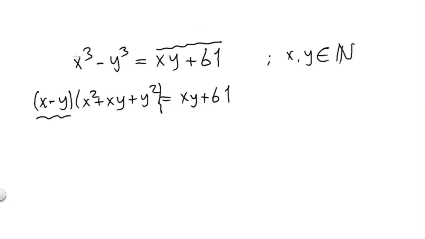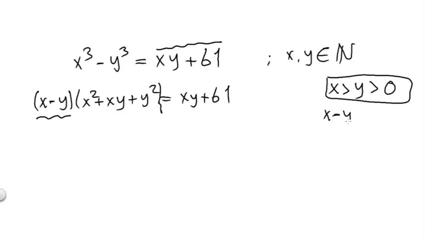So I can also find that x has to be greater than y, and they're also both positive. This is something I find, it's not given in the question. But now I can use this. Since x minus y is greater than 0, I can say that it's greater or equal than 1, because they are both integers.